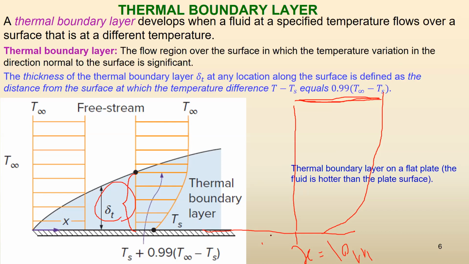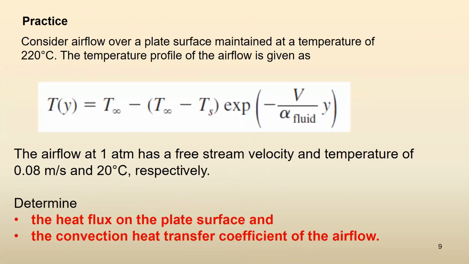So the temperature profile at each location, for example, for this shape, the temperature profile is this. So this is my temperature profile. So this curve can be plotted using this equation for this specific problem.